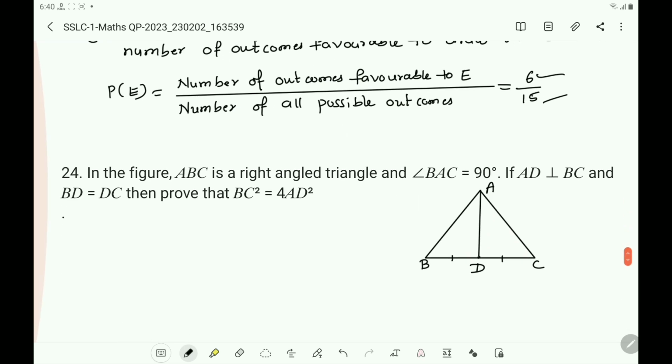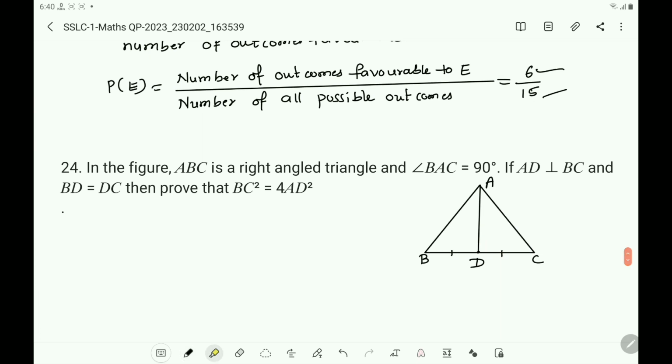Then you take the next question. What is that question? In the figure, ABC is a right angle triangle and angle BAC equals 90 degree. If AD is perpendicular to BC, BD is equals to DC, then prove that BC square is equals to 4AD square. Here it is given angle BAC is 90 degree and also AD is perpendicular to BC. So you write that one first. In triangle ABC, what is given?